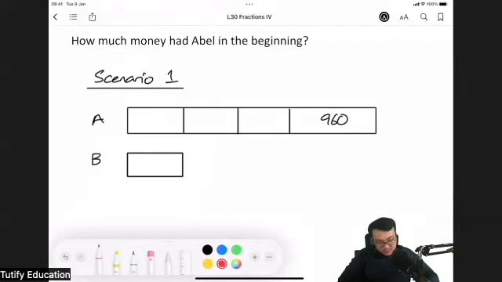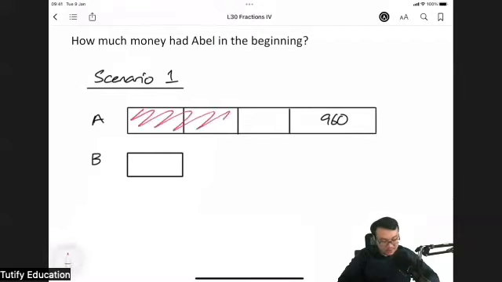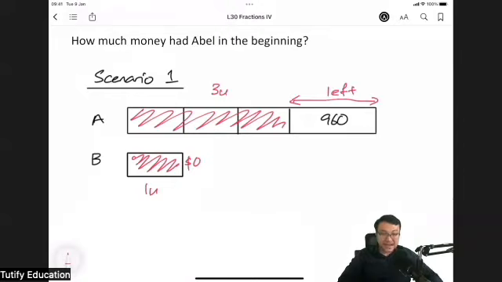Now, because Abel is spending, this is all the money that is being spent. 3 units, he's spending 3 units. Brady is spending only 1 unit. And at the end of it, Brady has nothing left. $0. But after spending, Abel still has $960 left. You understand the model, Azim?